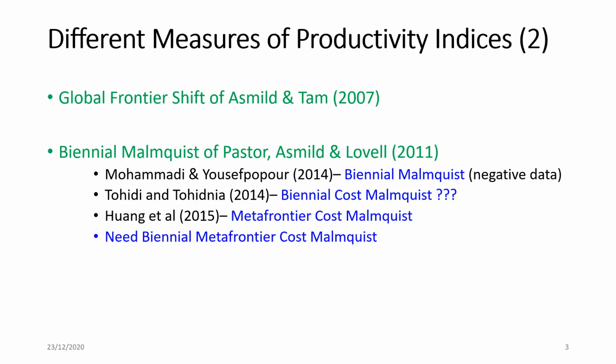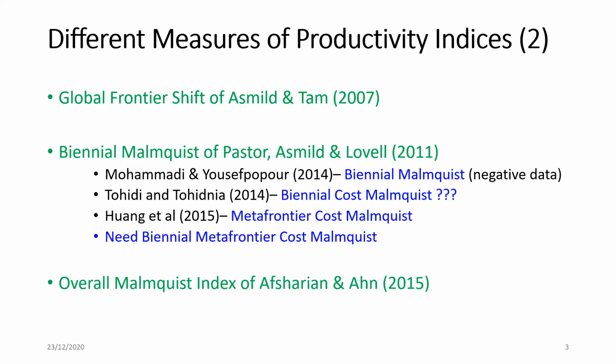But there is a meta-frontier cost Malmquist. Dinah will know about that. But we don't have anything called biennial meta-frontier cost Malmquist. There's nothing there for that. So as part of your development thesis, you can look at that. Or if you want to look at that, let me know.